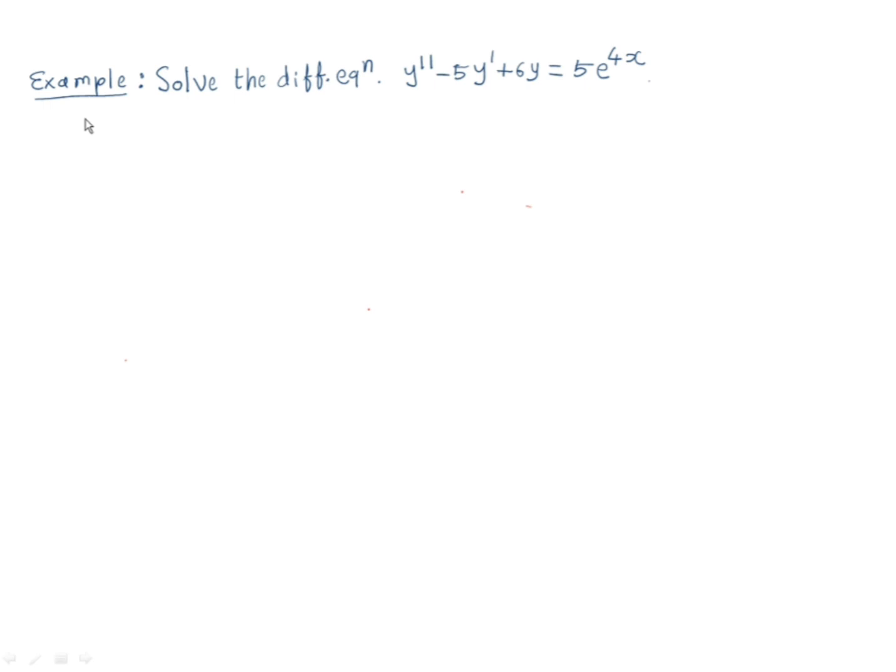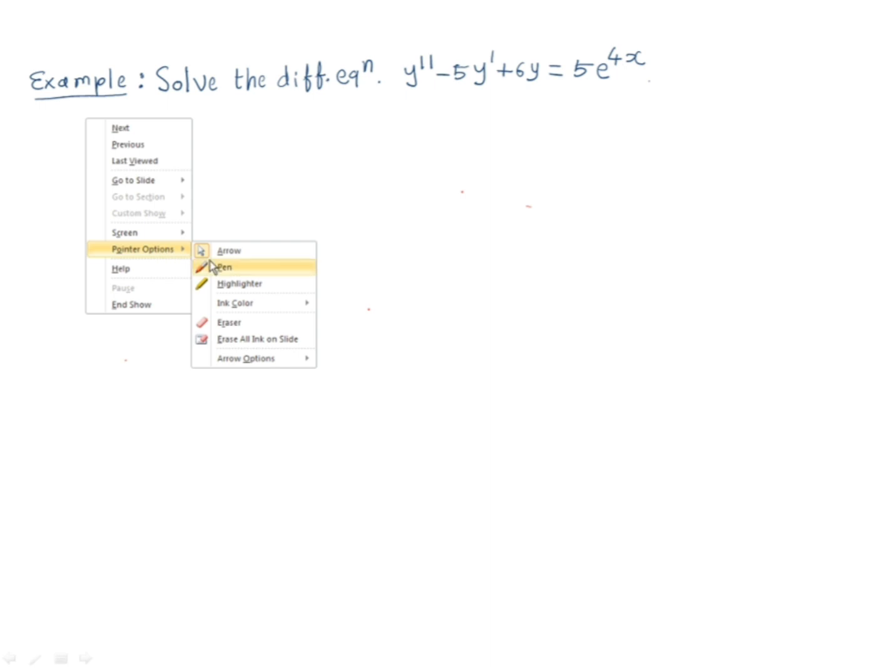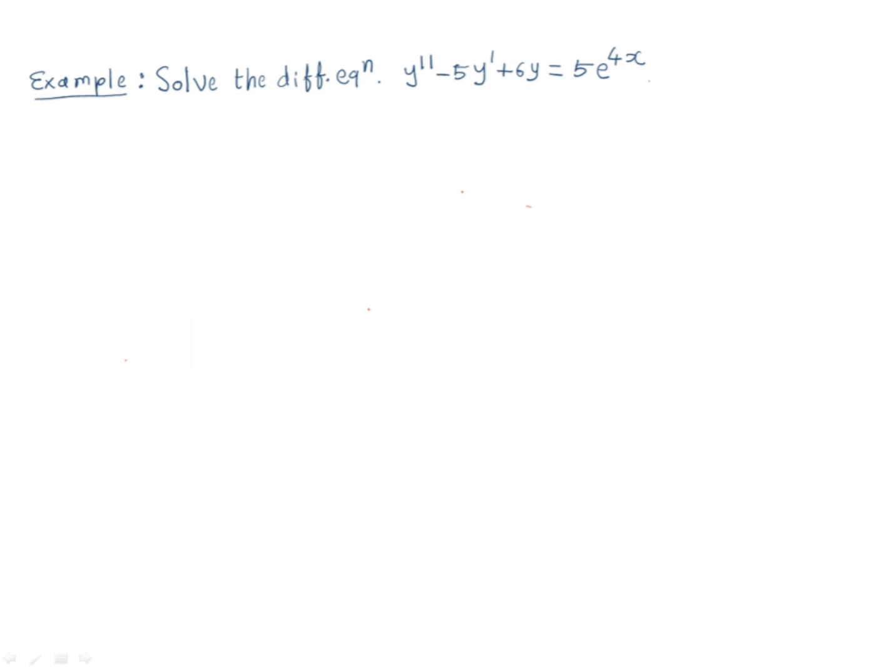So let's solve this differential equation. For the solution, we'll start with its first part, which is CF. For the CF, we need its auxiliary equation, and the roots of the auxiliary equation will lead us towards the complementary function.